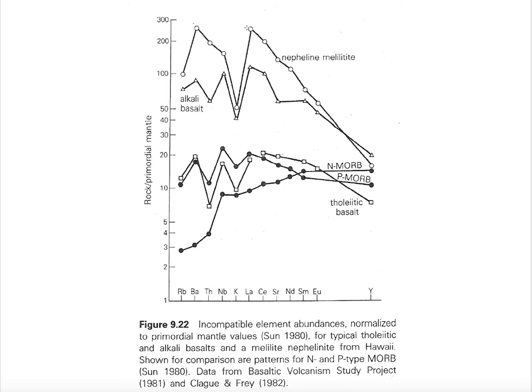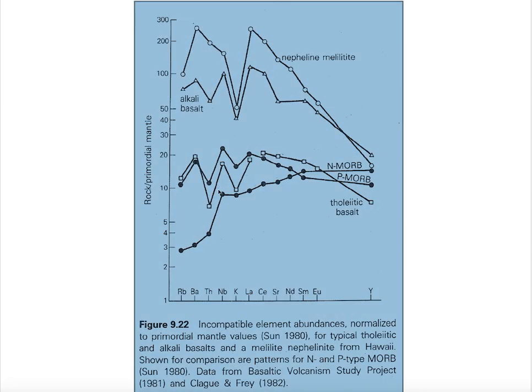So incompatible element abundances, normalized to primordial mantle values for typical tholeiitic and alkali basalts and the melilite nephelinite from Hawaii. Here we have the tholeiitic basalt, which is a product of fractionation.